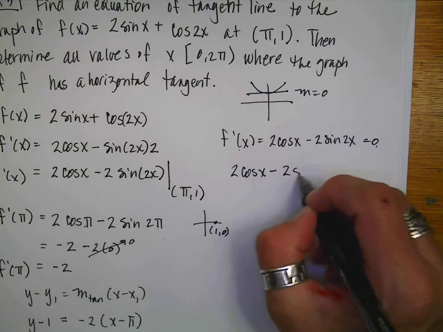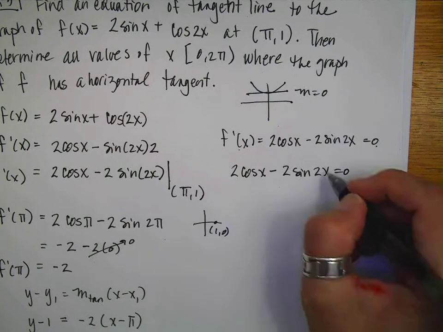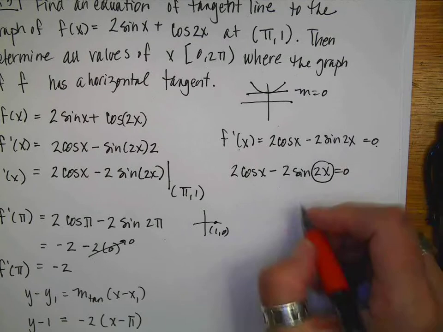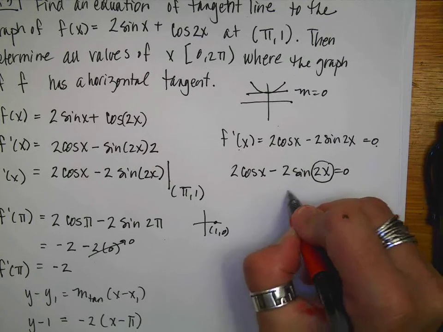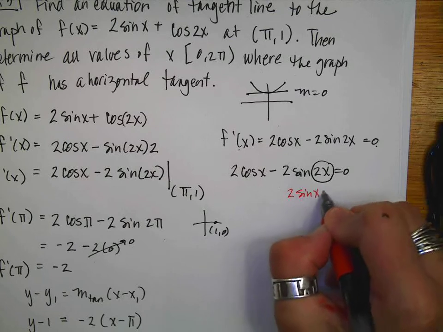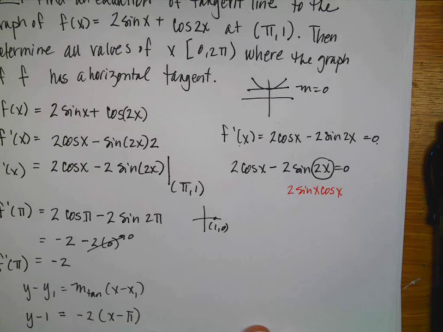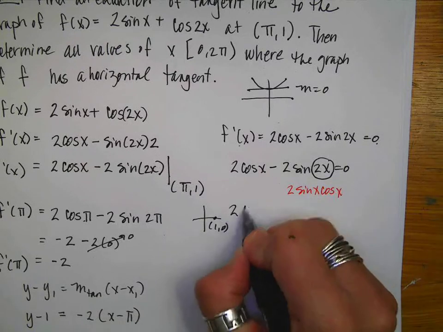So then I have 2 cosine x minus 2 sine of 2x is equal to 0. The sine of a double angle, if you will remember from trig, is 2 sine of x cosine of x. This would be one of the only identities that I would say that you need to remember.